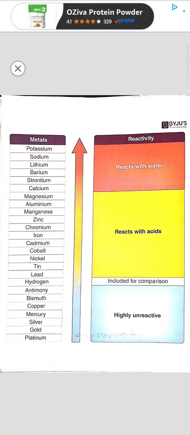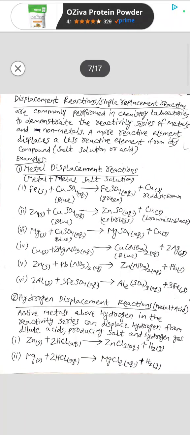Observe, iron is between chromium and cadmium, and copper is above the mercury, below the hydrogen. So iron is more reactive, copper is less reactive. So iron will displace copper from its solution, copper sulfate solution, which is blue in color, to form iron sulfate and copper, Fe plus CuSO4 is equal to FeSO4 plus Cu.